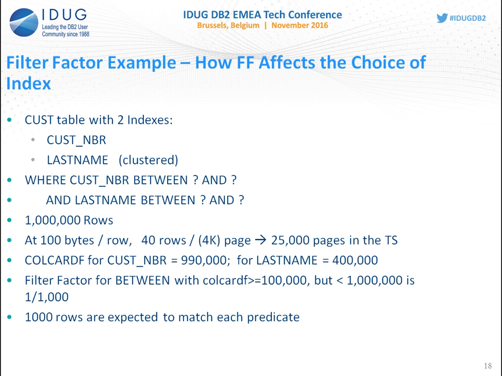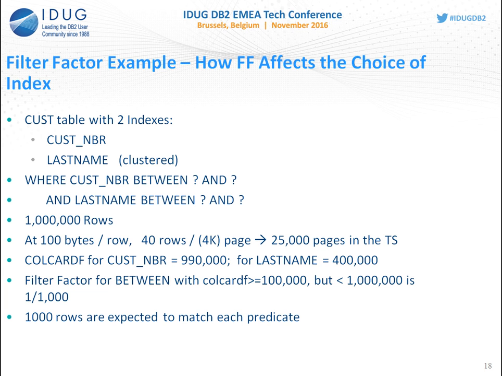If it uses the cust number index, those 1,000 rows might be spread over 1,000 different pages. And so DB2 will have to do anywhere up to 1,000 get pages or logical reads. And the number of IOs could be that high if it's not in the buffer pool, but it may be less. In that case, DB2 is very likely to pick the index on last name.